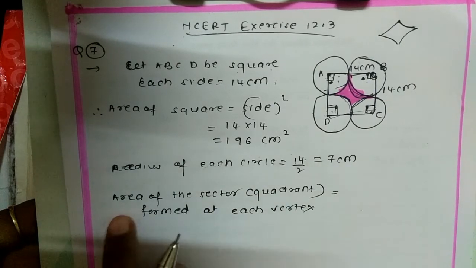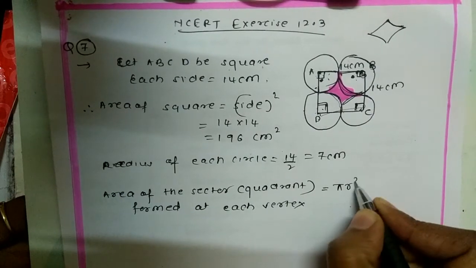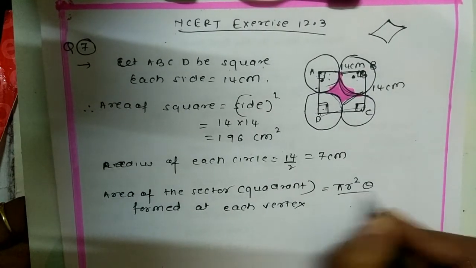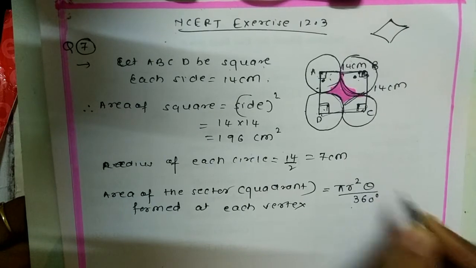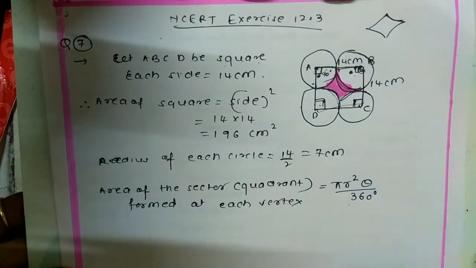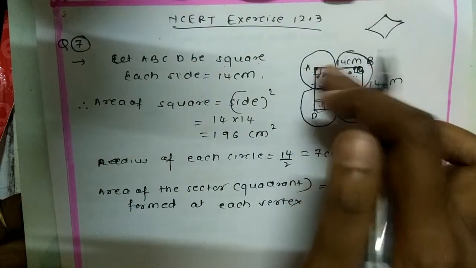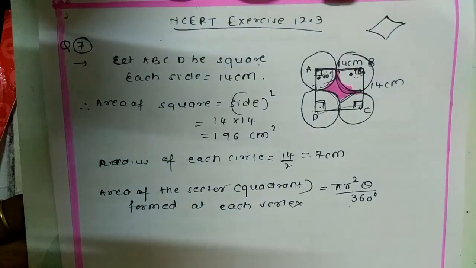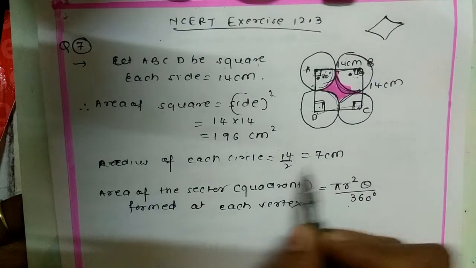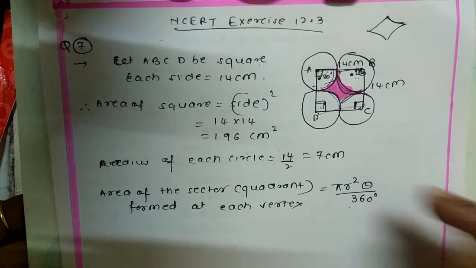You can use the formula of area of sector, that is pi r square theta by 360 degree. Here theta will be 90 because it is a square. Otherwise it is 1/4, 1/4, 1/4, so these 4 quadrants will form one complete circle, and you can use the formula pi r square; with that formula also you will get the same answer.